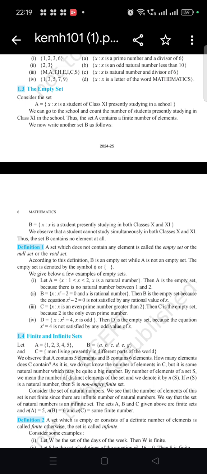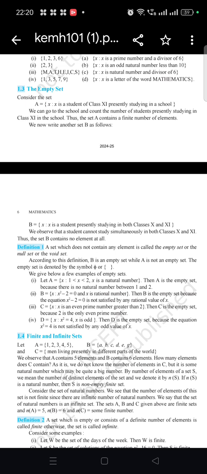Consider the set A, where x is an element and x is such that x is a student of class 11 presently studying in a school.